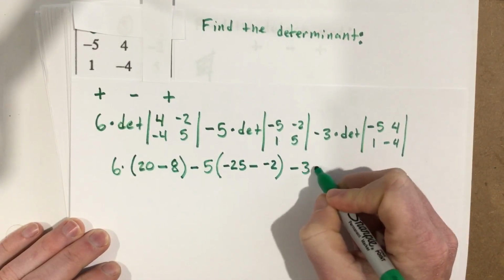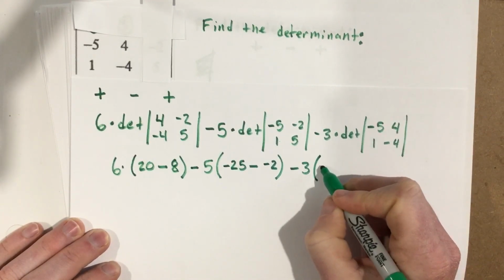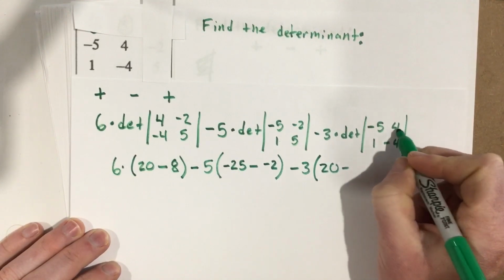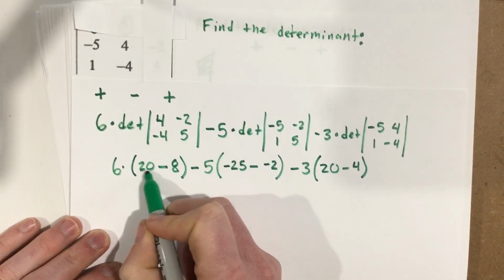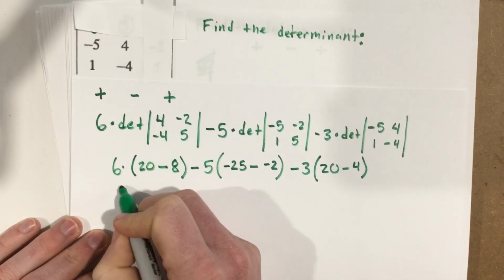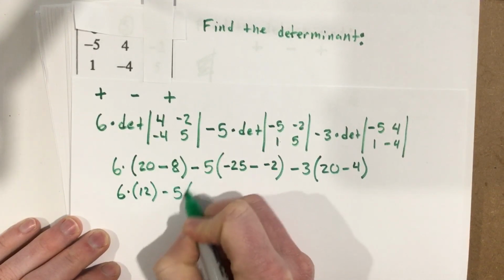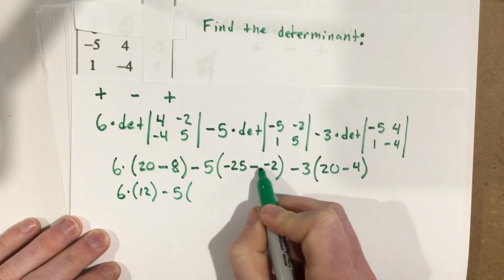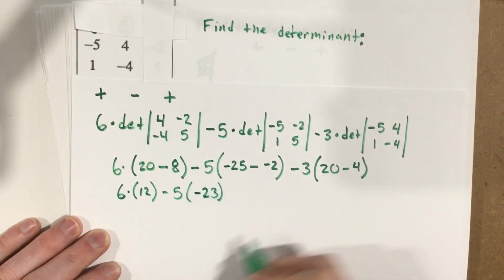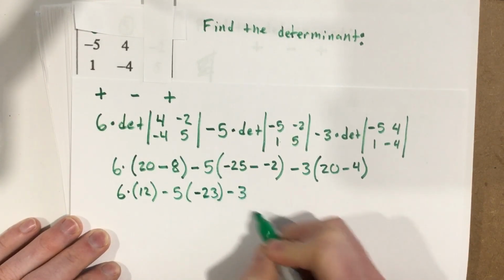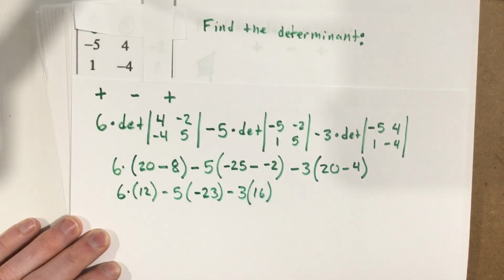Minus 3 times: -5 times -4, which is 20, minus 4 times 1, which is 4. Subtract these, we get 12. So 6 times 12 minus 5, and this will be a plus 2, so -25 plus 2 is -23, minus 3, and this will be 20 minus 4, which is 16.